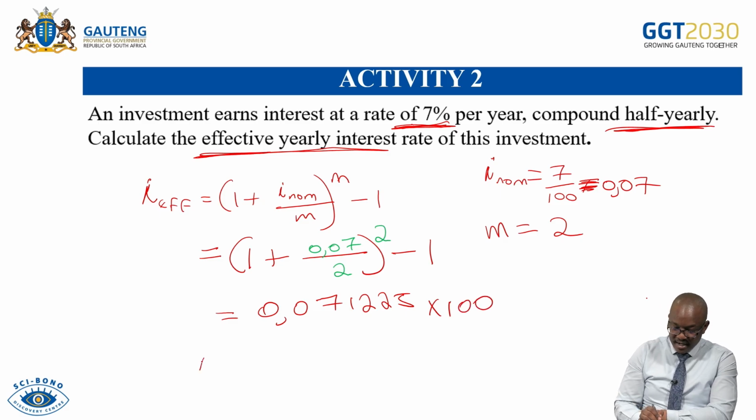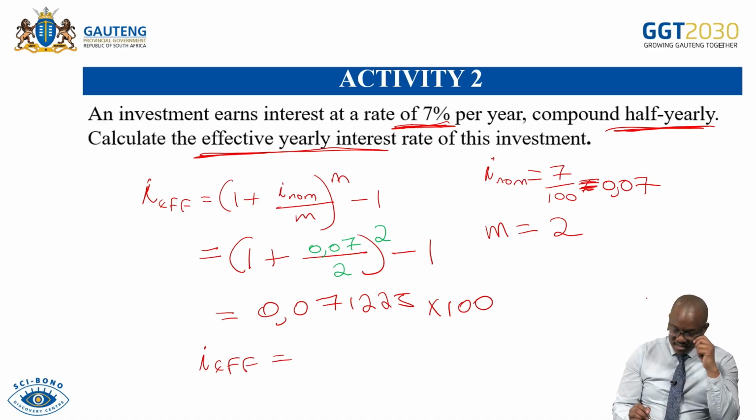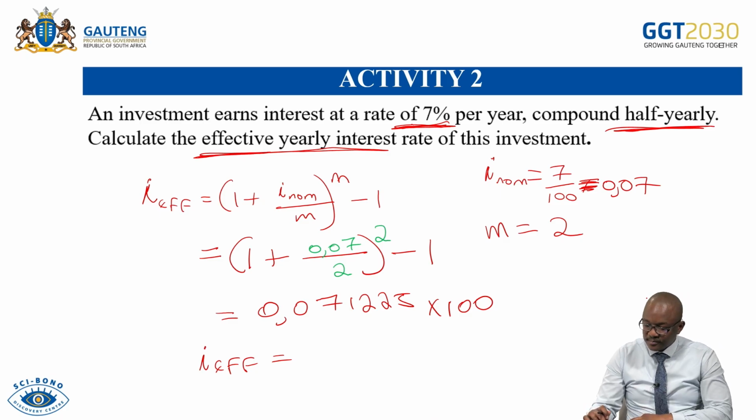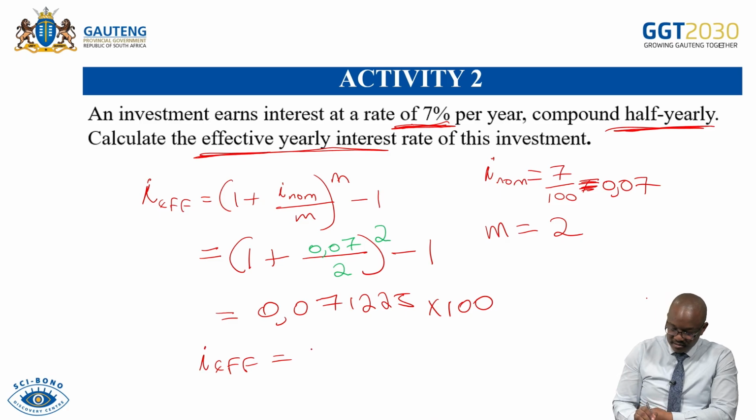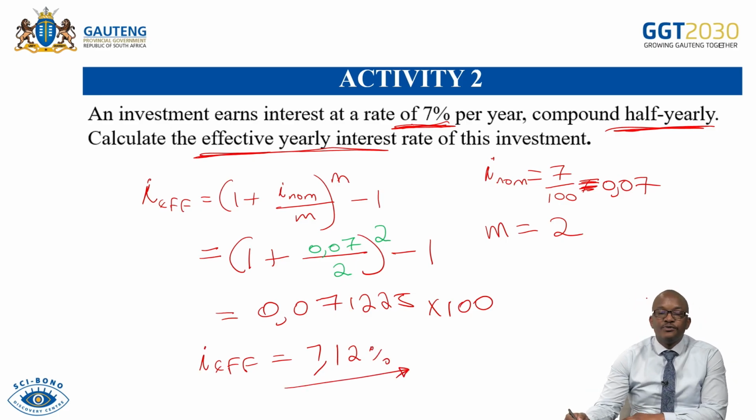When you multiply by 100, your effective yearly interest will be 7.12%, correct? It will be 7.12%.